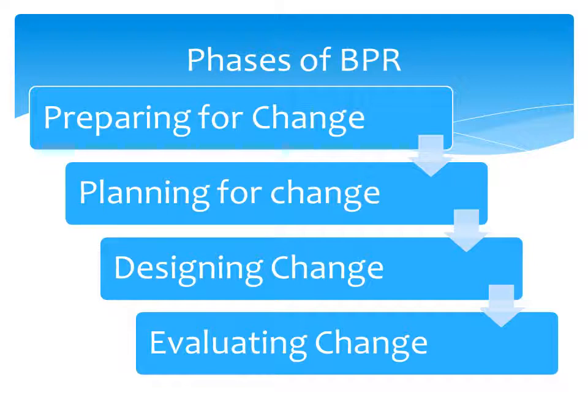You want a change to happen inside the business. So everybody inside the organization, that is our employees, should be well informed as to what is going to happen. What is the change which is going to happen in their job when this BPR is going to be implemented? That is the first phase, preparing for change.